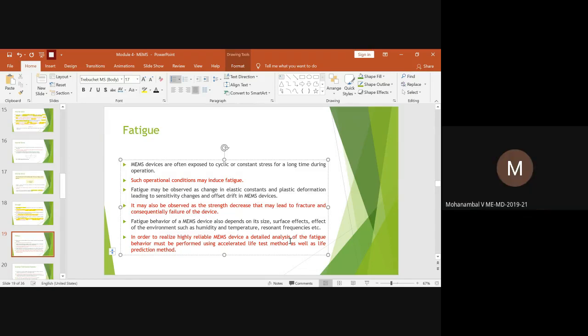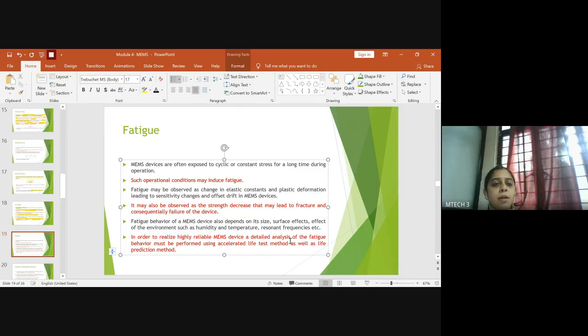Yes, so fatigue usually comes into picture when the material has a low strength, but you are subjecting a higher load which a weak strength material cannot bear. In that case, fatigue comes into the picture.